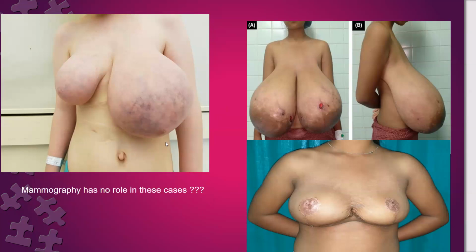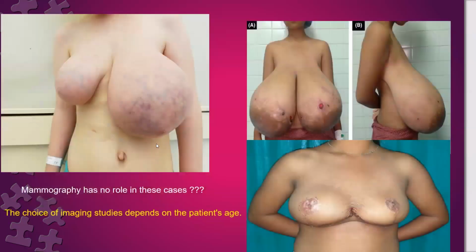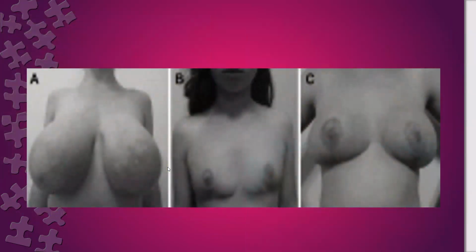It can be asymmetric, bilateral, or unilateral. And why does mammography have no role in these cases? Due to the density of the breast being young. Yes, dense glandular breast depends on the patient's age. And even these are very huge for mammography. Usually ultrasound plays a more important role than mammography in these cases.